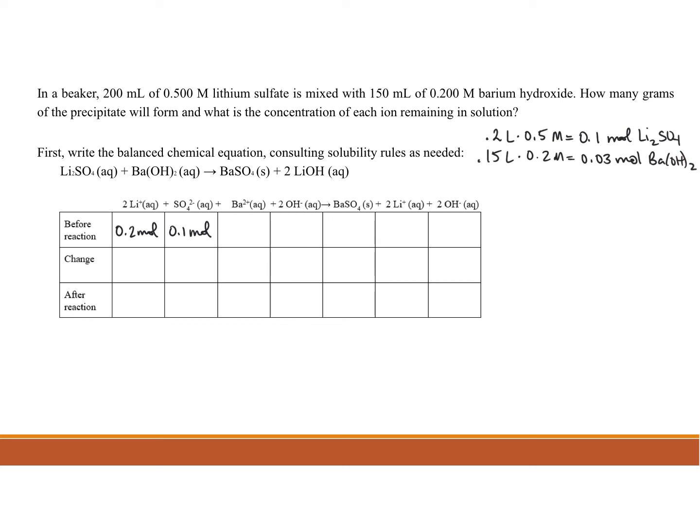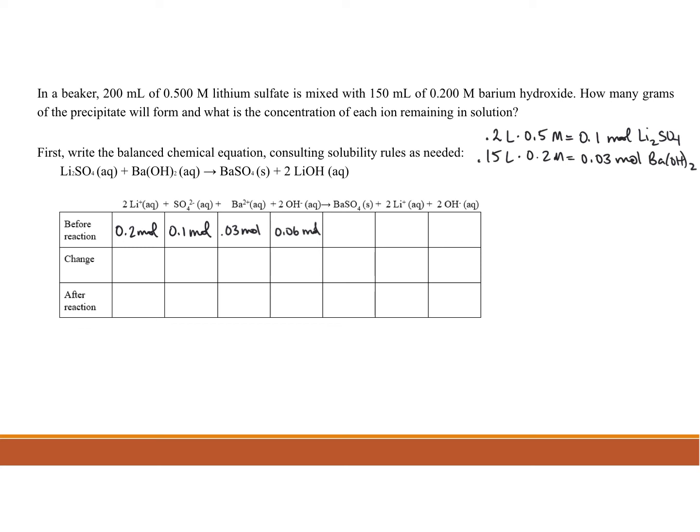So if you have 0.03 moles of Ba(OH)2, it means you have 0.03 mole of Ba2+ and 0.06 mole of the hydroxide.